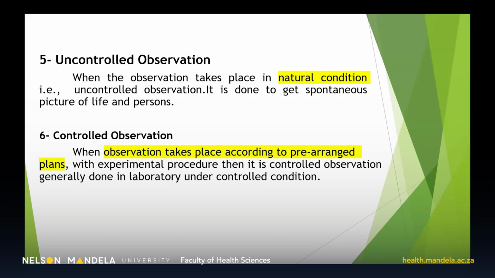Think about what National Geographic does in a safari area in Kenya, where they put a camera and leave the camera there, and they look at how the animals come to the watering point. And controlled observation is when the observation takes place according to pre-arranged plans with experimental procedure, say in a laboratory.